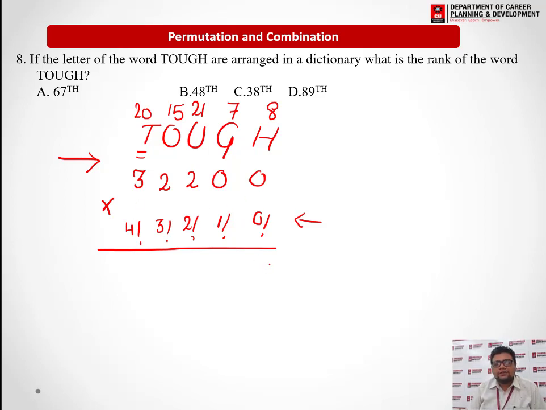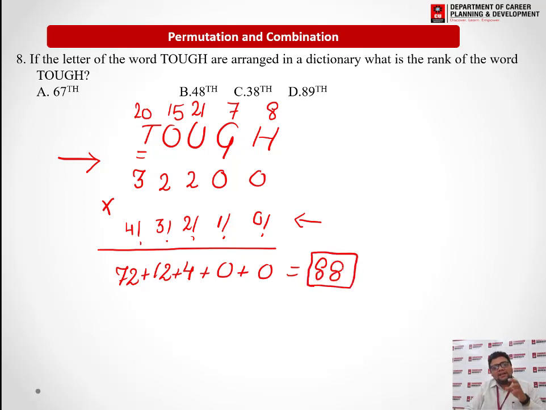So 0 into 0 factorial is 0, 0 into 1 factorial again 0, 2 factorial into 2 is 4, then 3 factorial is 6, 6 into 2 is 12, then 4 factorial is 24, 24 into 3 is 72. Then we add all these values, which comes out to be 88.